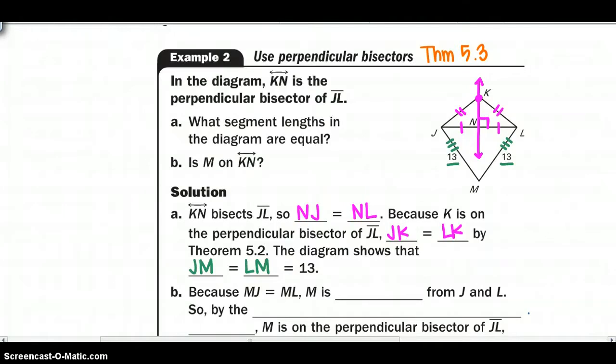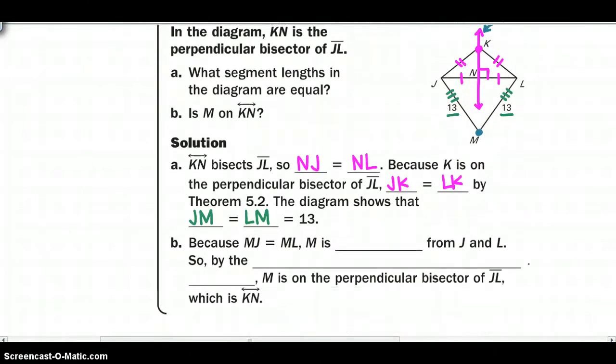I have said all of the things that I know are equal. So is point M on our perpendicular bisector? We can use the information that MJ and ML are equal.